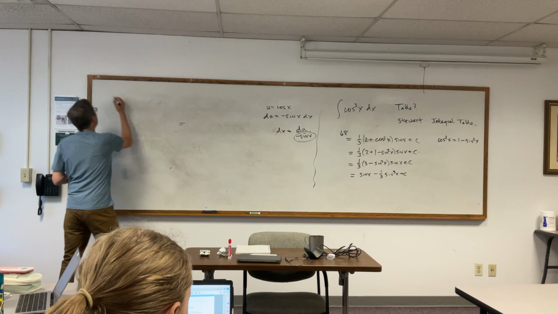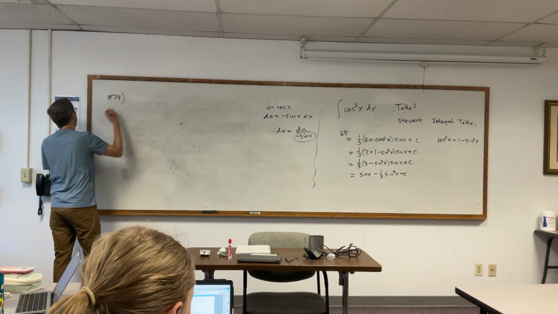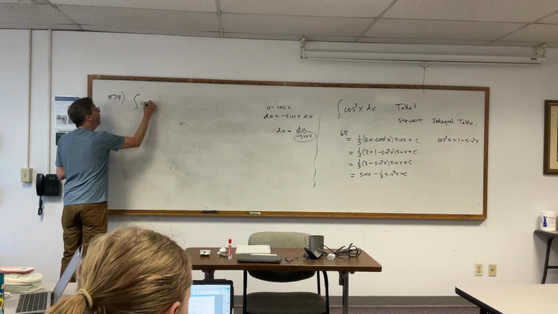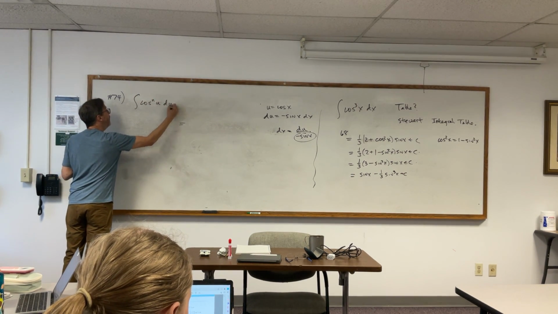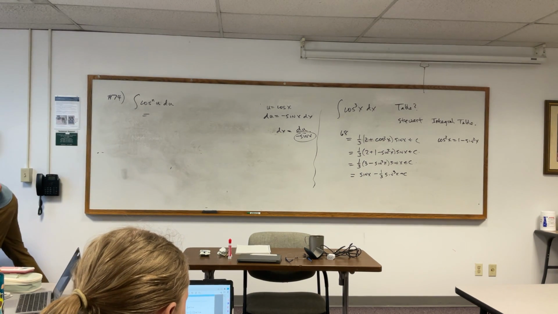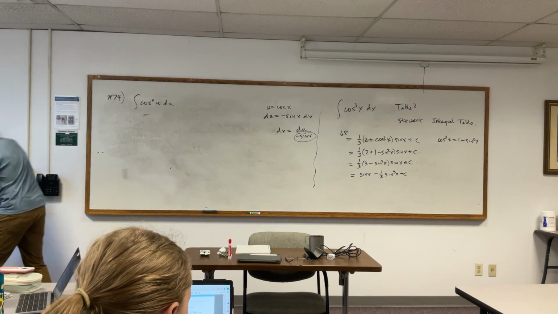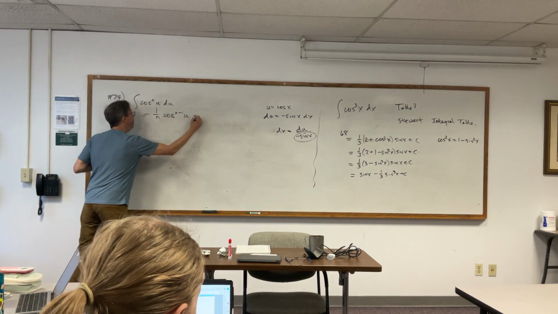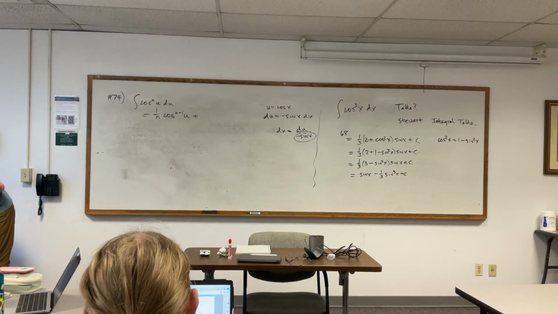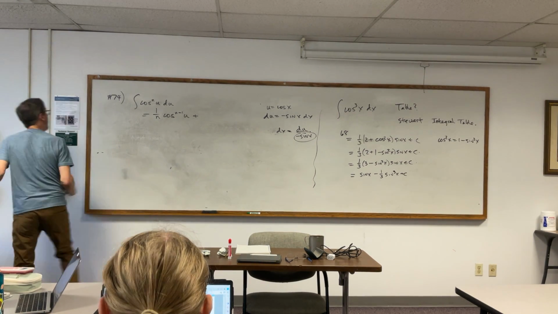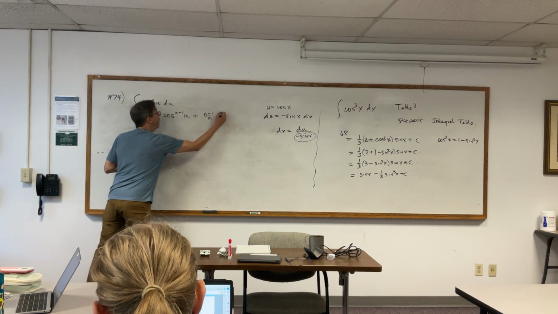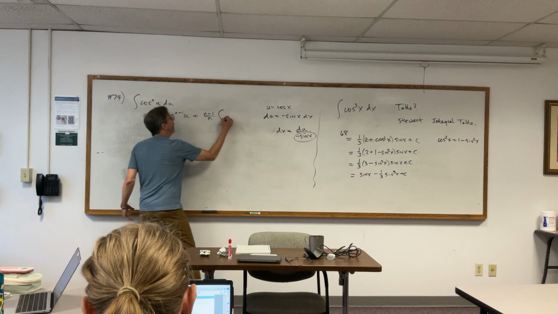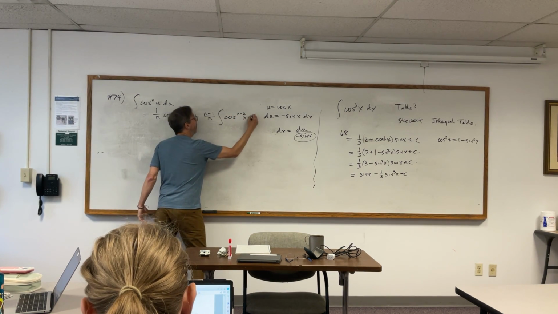So let's look at formula 74. It's what's called a recursive formula. And it says the integral of cosine to the nth of u du is equal to 1 over n, so it diminishes the power, 1 over n cos to the n minus 1 of u, plus, and then it gives us another integral, n minus 1 over n, integral of cosine to the power n minus 2 of x dx.